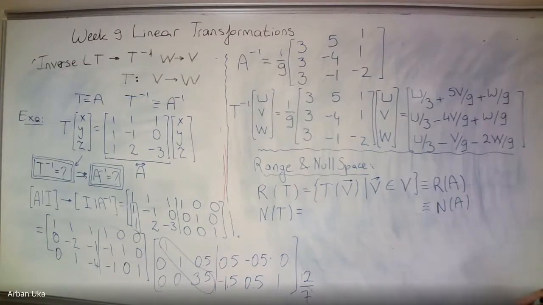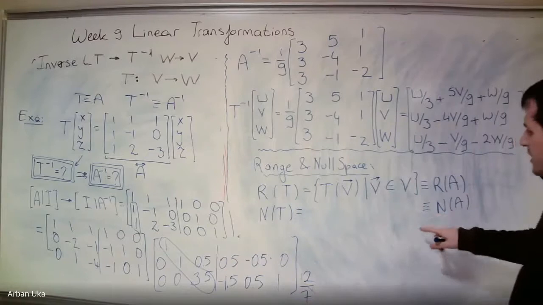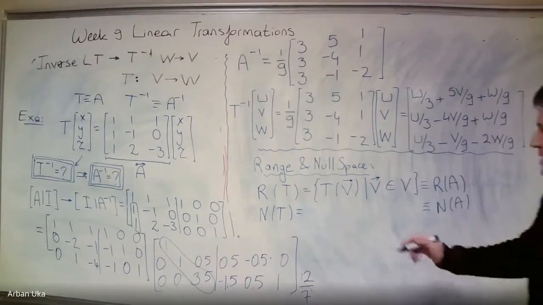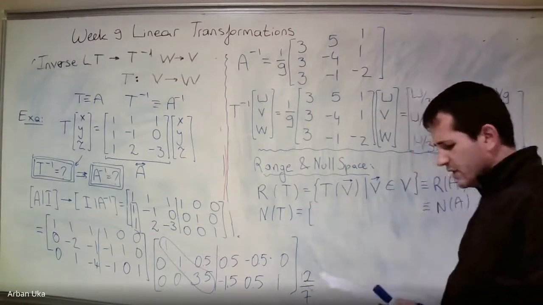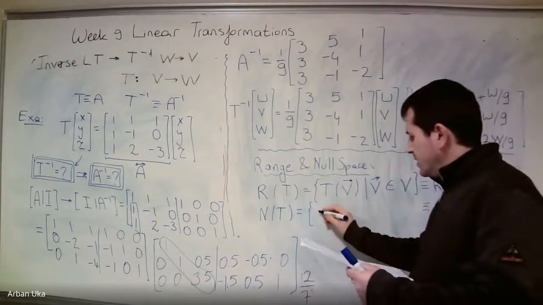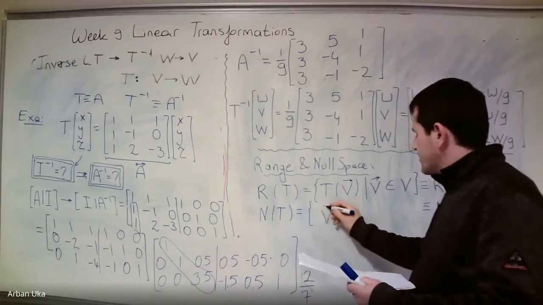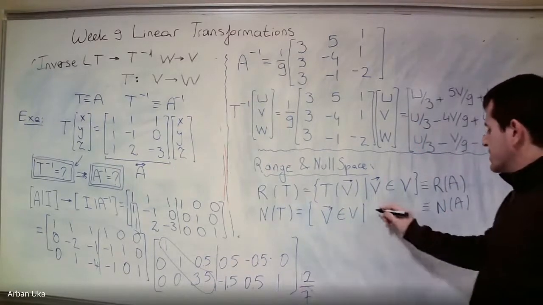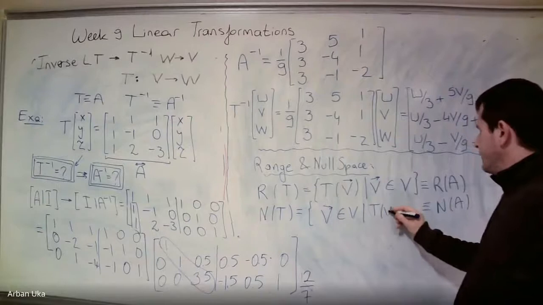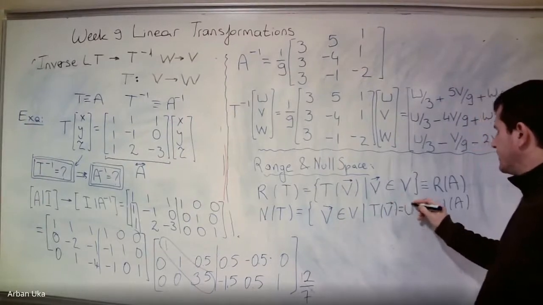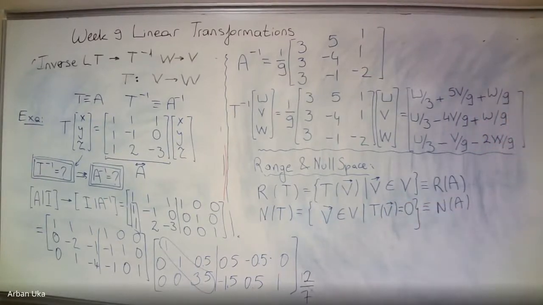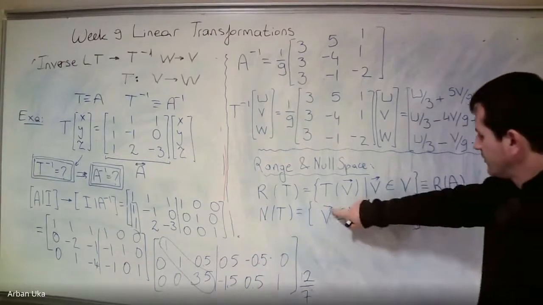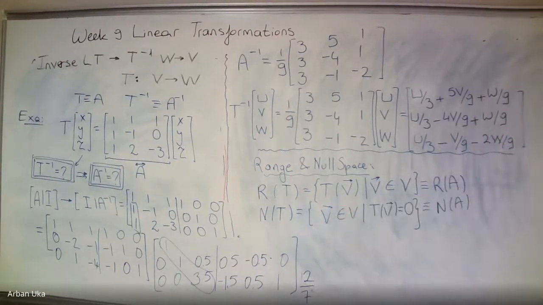Now, you have very good knowledge of how to find the null space of any matrix A. Let's look at the formal definition. The null space of T is all the vectors which are in the vector space V such that T(v) is equal to what? Okay, so this is the null space of T, and we know that this definition also works for the null space of A.